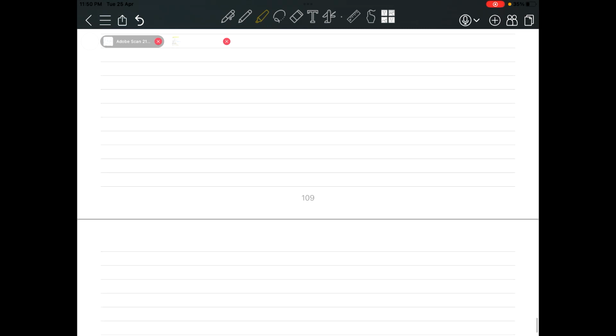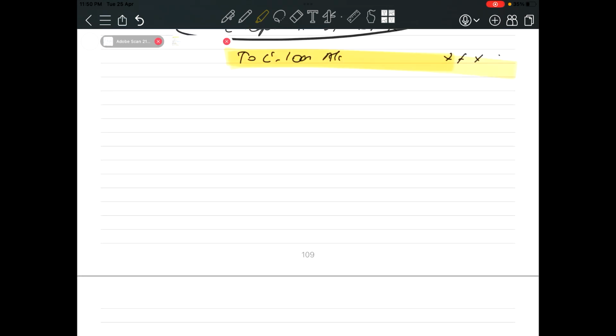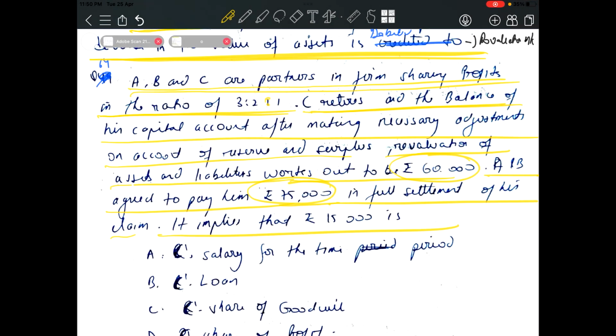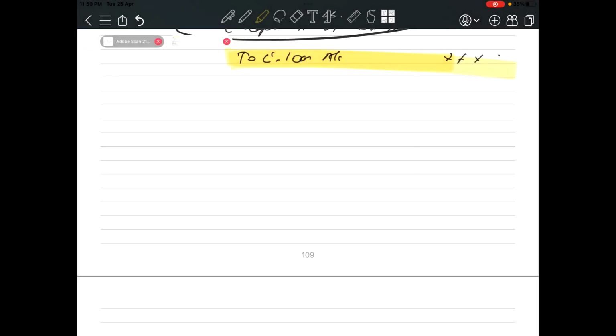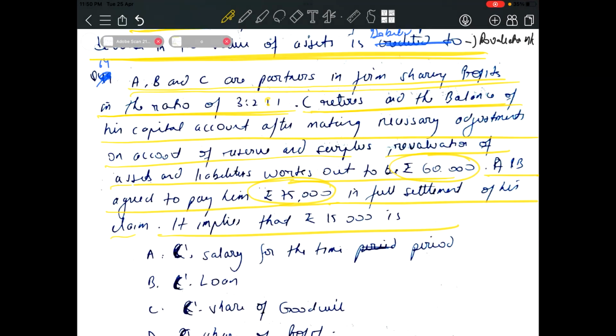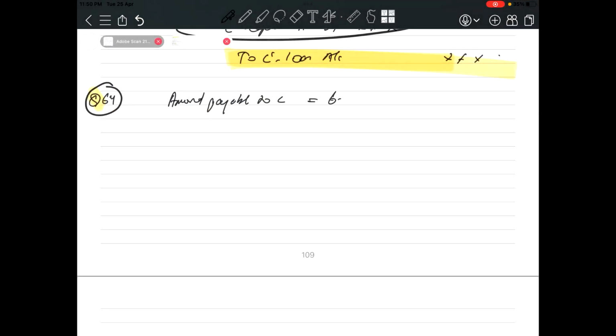Now what is this rupees 15,000 extra? Question number 64. See, the amount payable to C was 60,000, and the amount paid is 75,000.